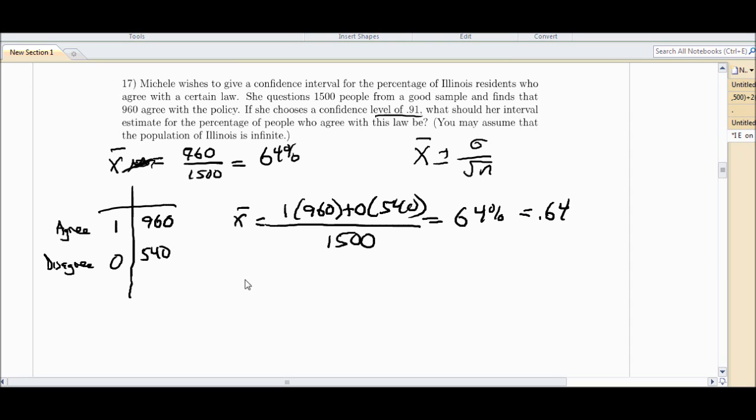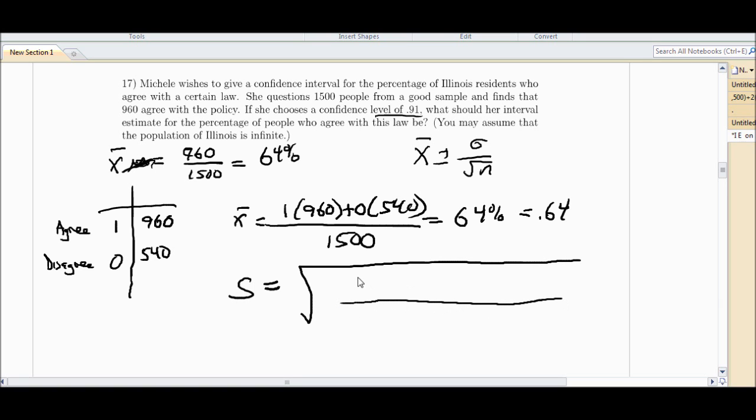And the standard deviation, which is S, by the way, because we're finding it from a sample, we've got to use this nice long formula. Now, what we're doing is we're going to do 1 minus 0.64, and square that. But we're going to do that 960 times.